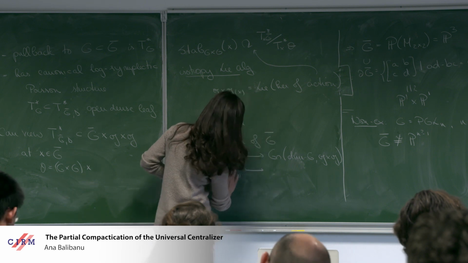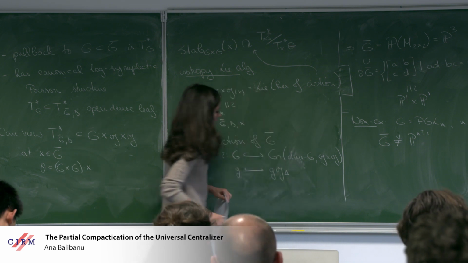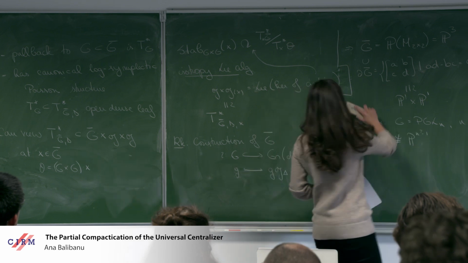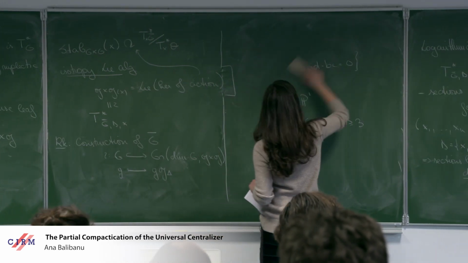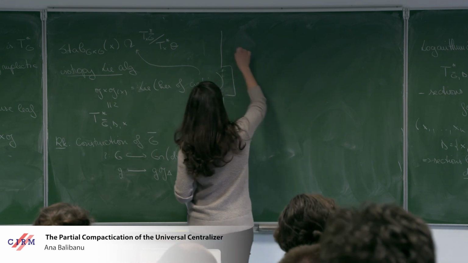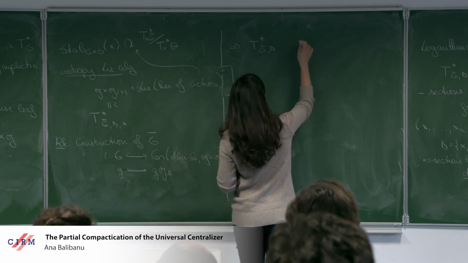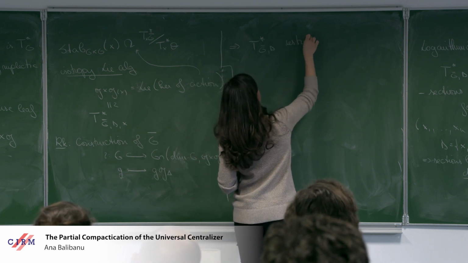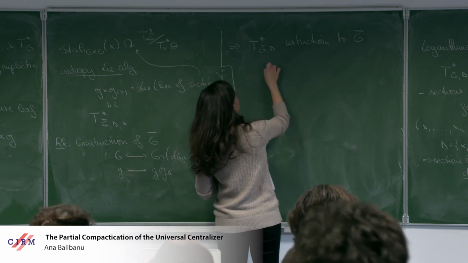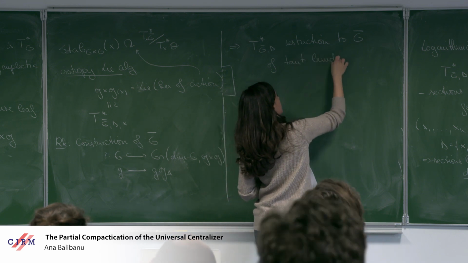We do this by mapping a group element to the corresponding translation of the diagonal subalgebra. And then this log cotangent bundle is nothing but the restriction to G bar of the tautological bundle on the Grassmannian.